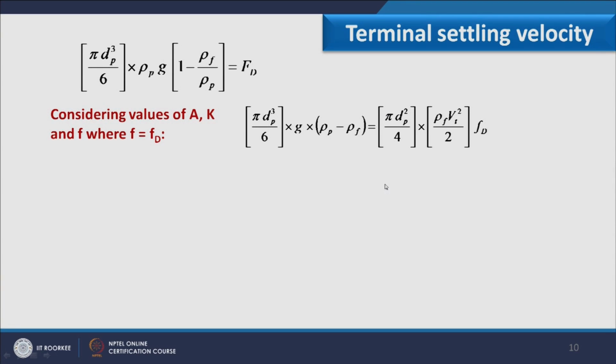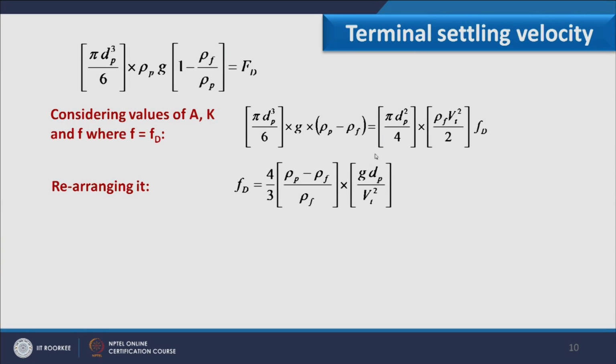Considering all these factors, we can write the equation, which we can rearrange. Once we rearrange, we can calculate the value of the drag coefficient, which comes as 4 by 3 into (rho p minus rho f) by rho f into g dp by vt square.